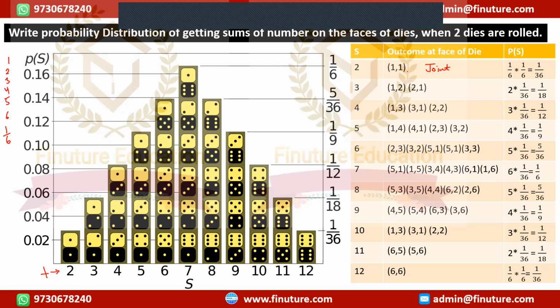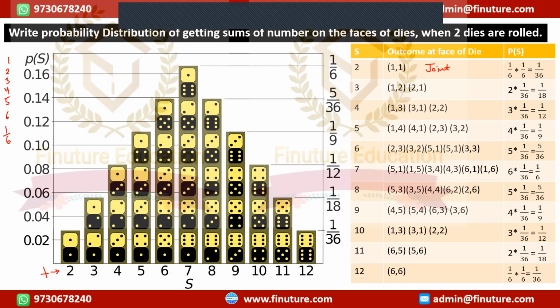When you have independent events, your probabilities are multiplied. So getting 1 over 6 on the first die and 1 over 6 on the second die is 1 by 6 into 1 by 6, that is 1 by 36.